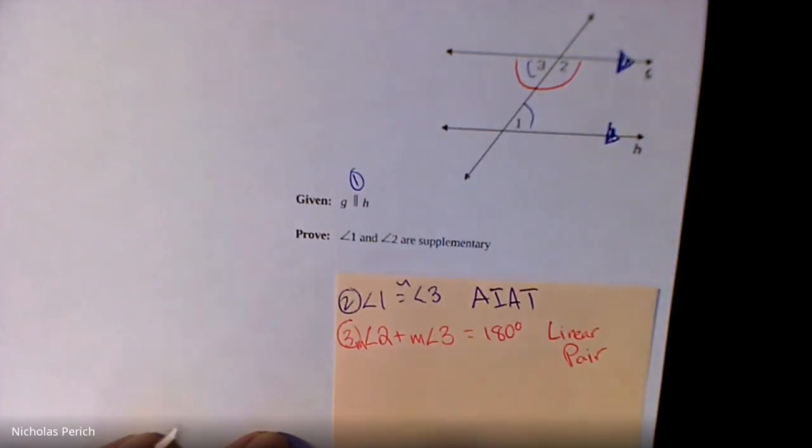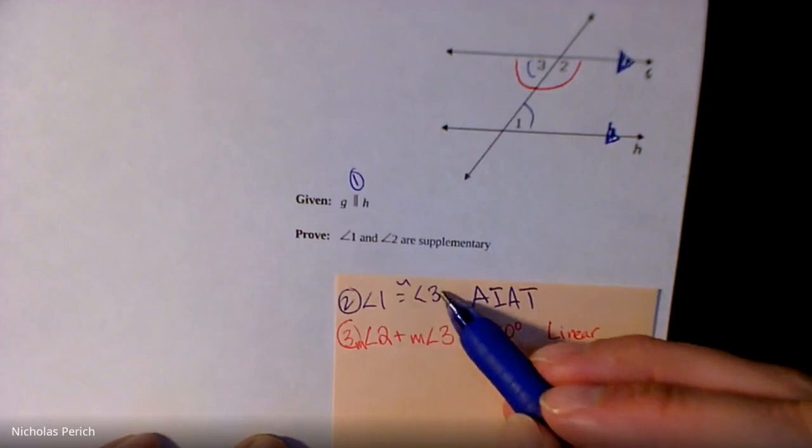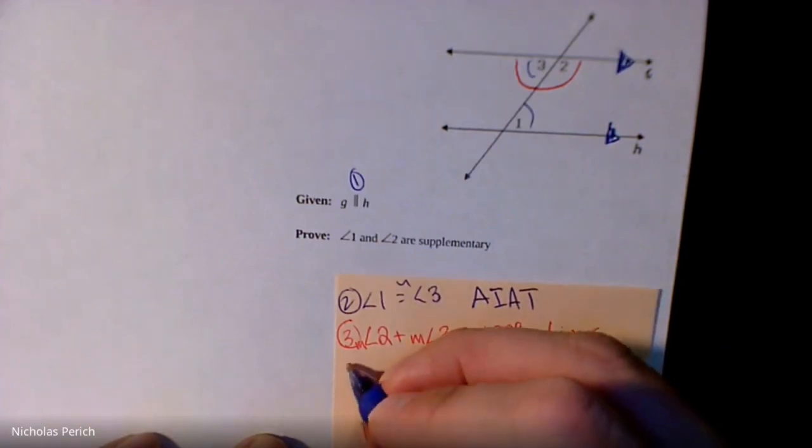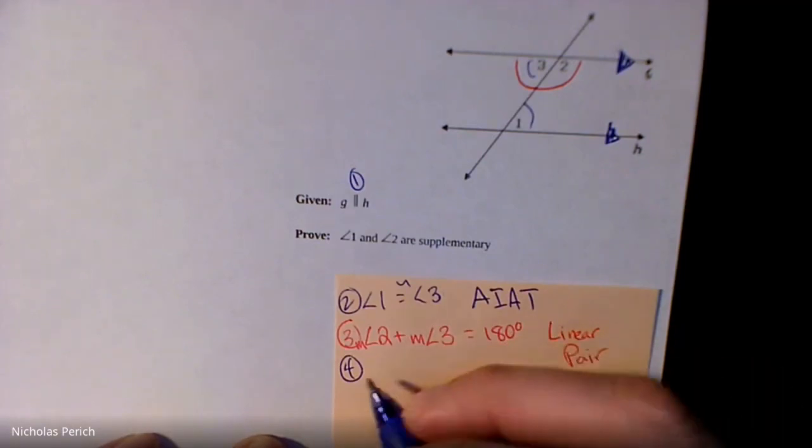Now, my job ultimately is to find out that 1 and 2 are supplementary. I have 2 and 3 showing that they're supplementary. Remember, 180 means that they're supplementary. So I need to show 1 and 2 are, though, but I know that 1 and 3 are the same. So why don't I just turn 3 into 1? So step 4 is going to have me put 3 into 1.